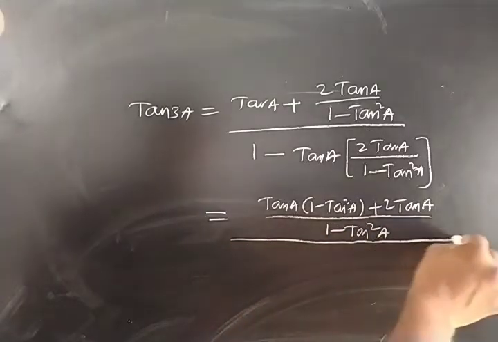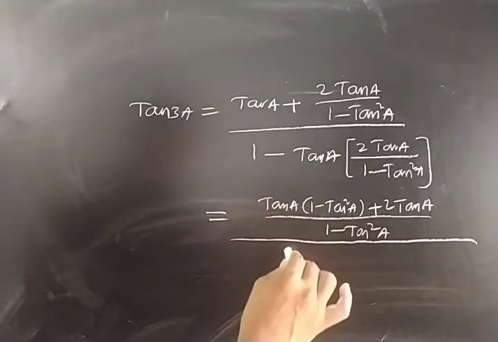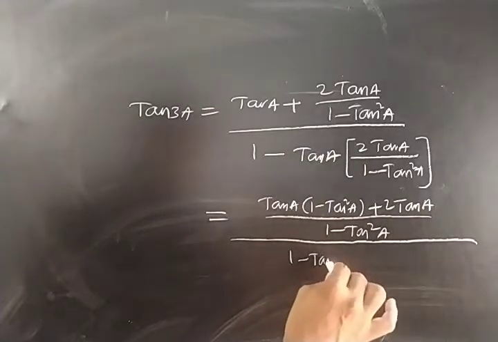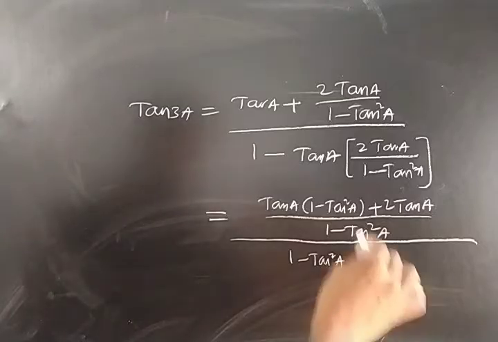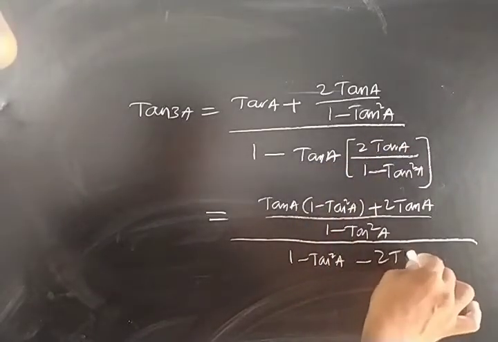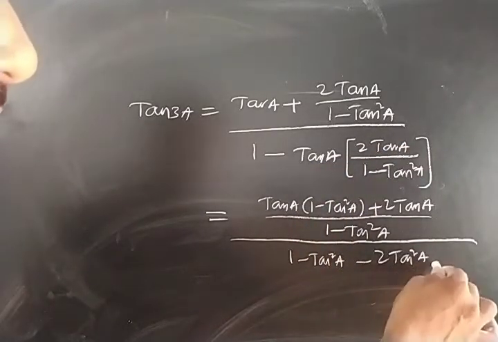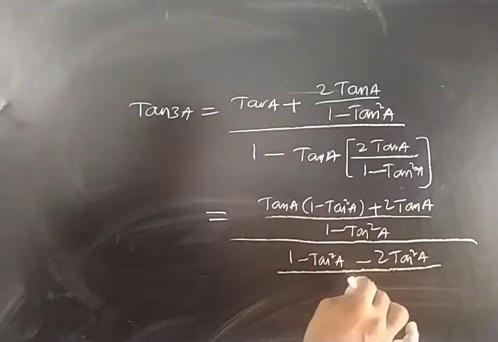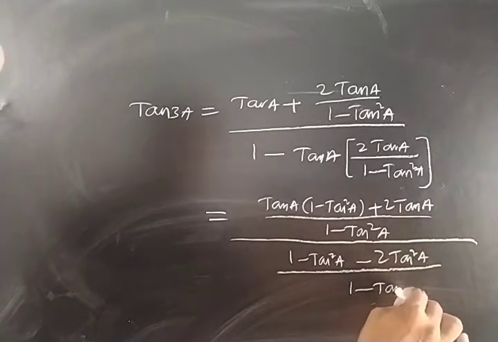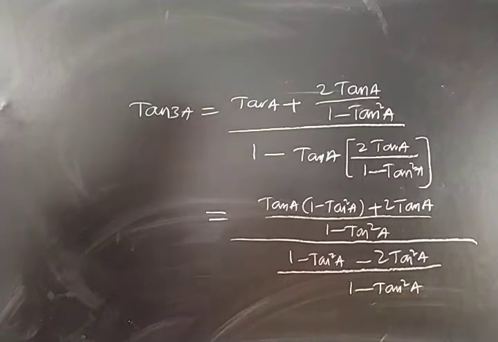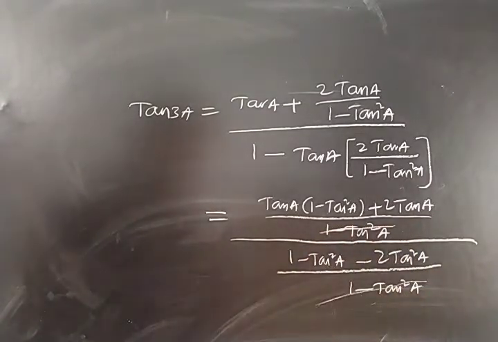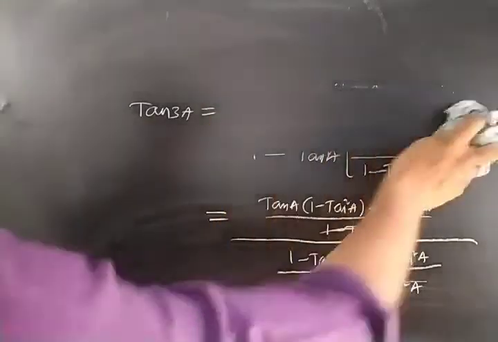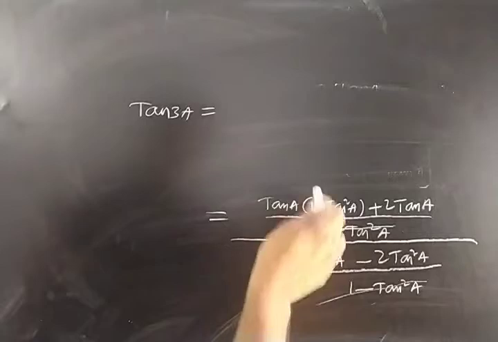Upon, here by taking the LCM 1 minus tan square A, in the denominator also I am taking the LCM, minus 2 tan square A upon 1 minus tan square A. So the denominator in the numerator and the denominator in the denominator get cancelled. Okay.